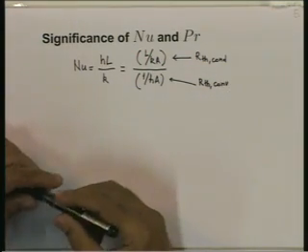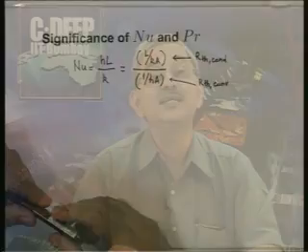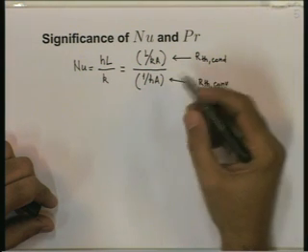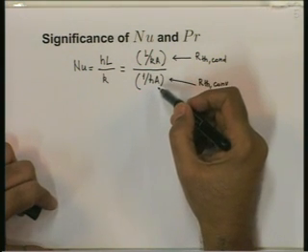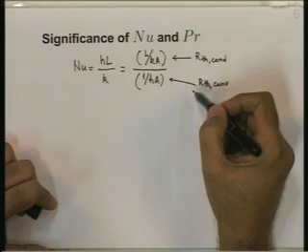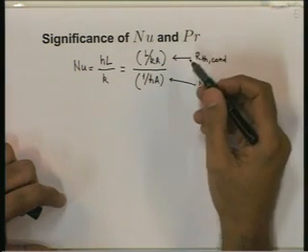In a situation where forced convection effects are significant, we expect the convective heat transfer coefficient to be high, and hence the resistance to convection, R_th convection, which goes into the denominator, to be low, meaning we will have a high Nusselt number.